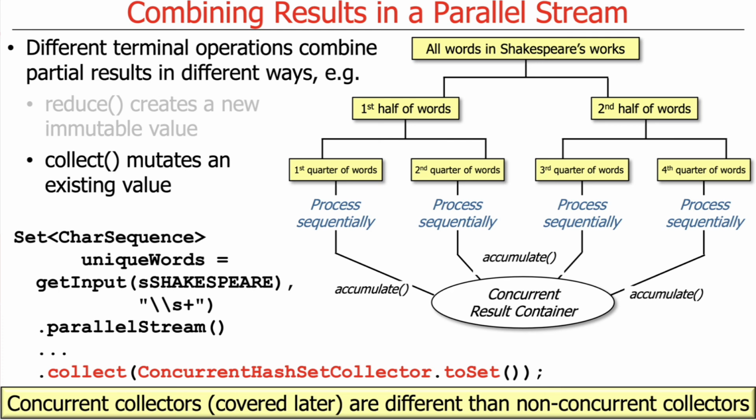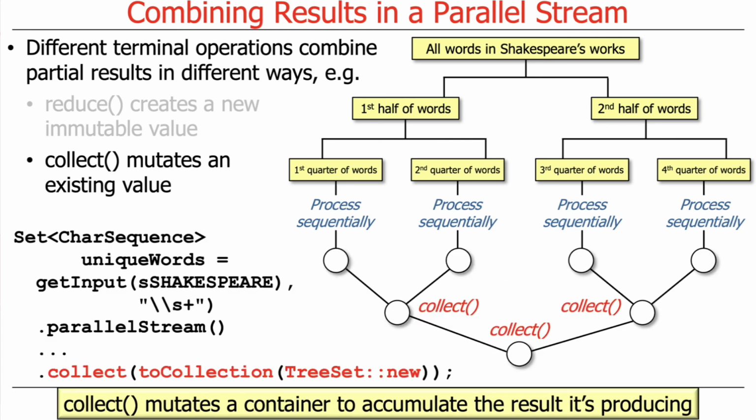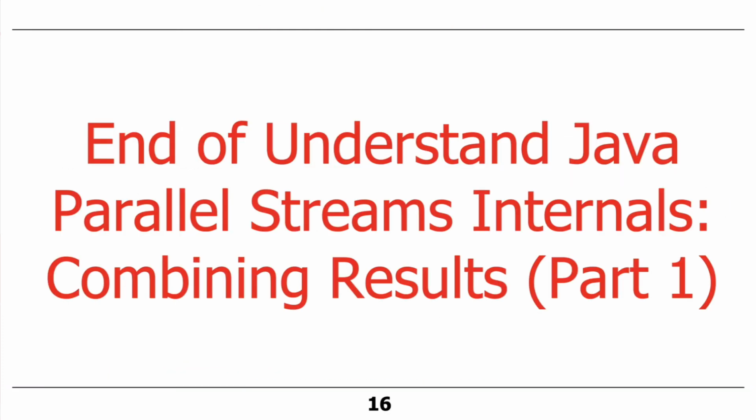So in one case, we used a concurrent hash set, and in the other case, we used a non-concurrent tree set. And so collect mutates existing values, while reduce expects to create a new immutable value. Keep those things in mind as we go on to the next discussion, because it's going to make a big difference.